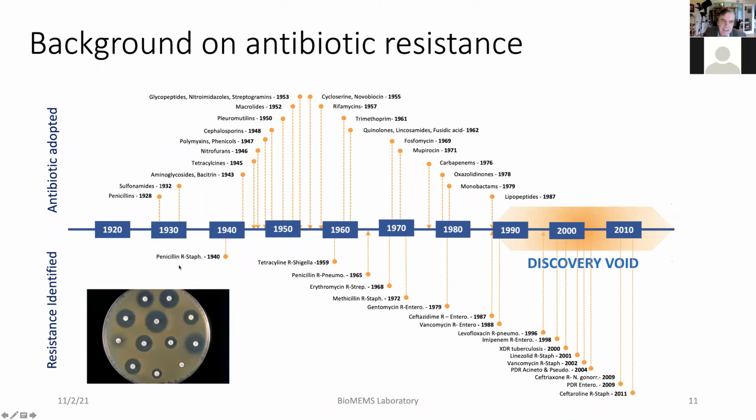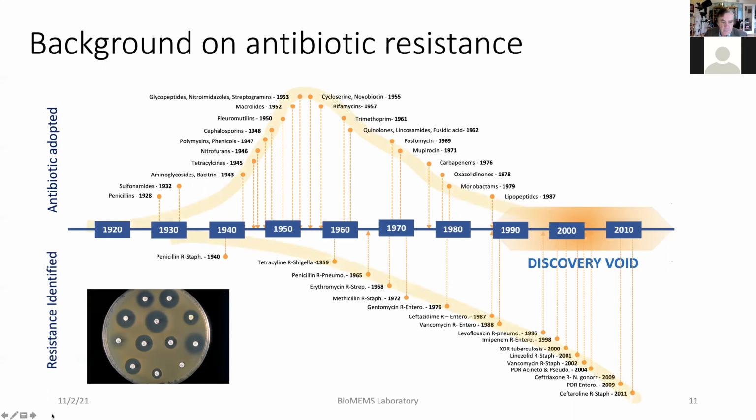And then here you see the resistance identified. Look, penicillin 1928, resistance 12 years later, right? And so you can imagine this is scary, right? We cannot obviously fast enough beat the bacteria until winning the war against us.